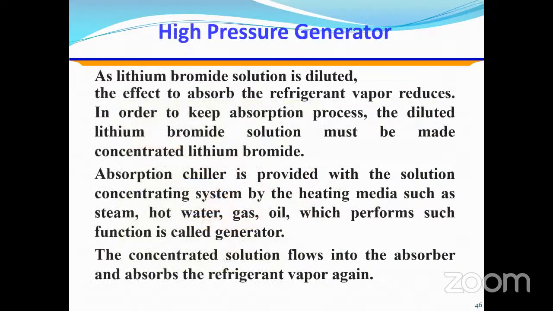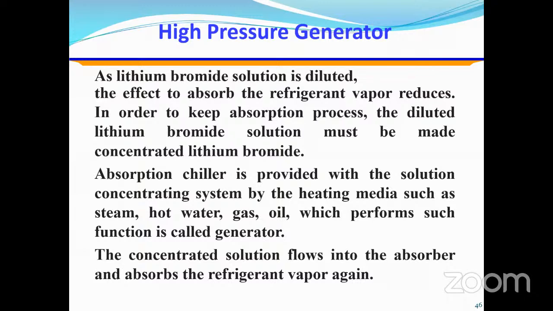High pressure generator. As the lithium bromide solution is diluted, the effect to absorb the refrigerant vapor reduces. In order to keep the absorption process going, the diluted lithium bromide solution must be made concentrated lithium bromide.